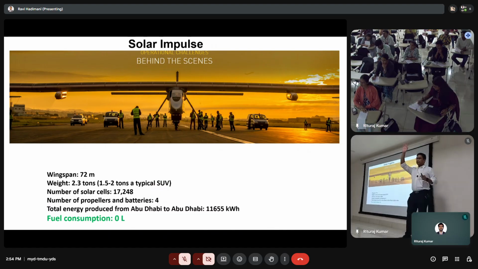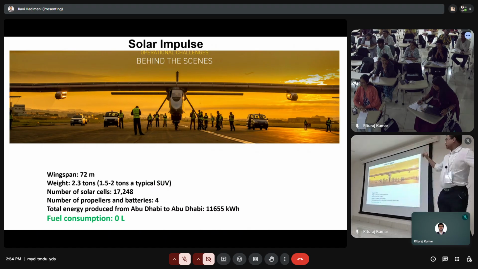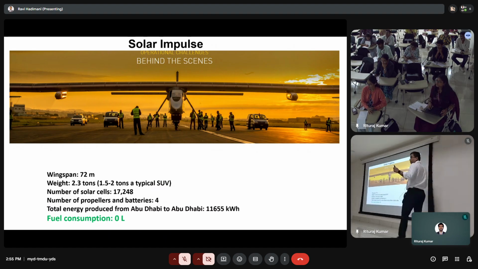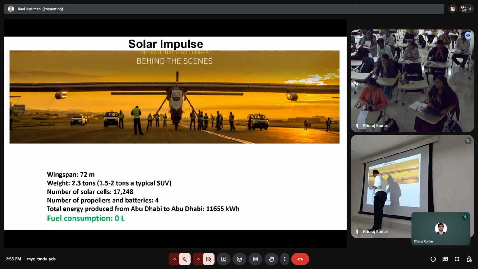So it took off and went around the earth one full circle without consuming a single drop of fossil fuel, just on solar panels. Okay, so its wingspan is 72 meters, which is huge. And then its weight is 2.3 tons, which is not at all that high, about the weight of a big SUV.